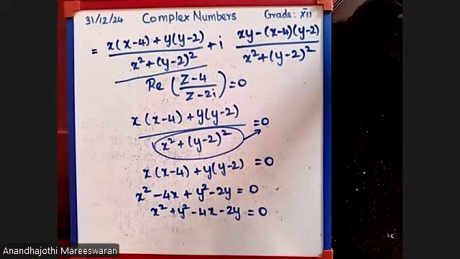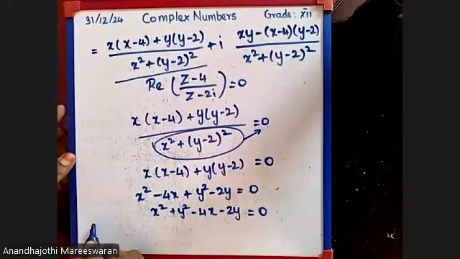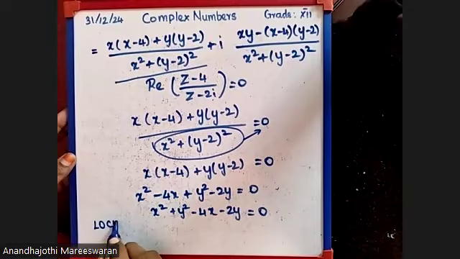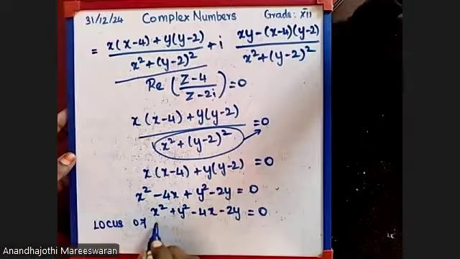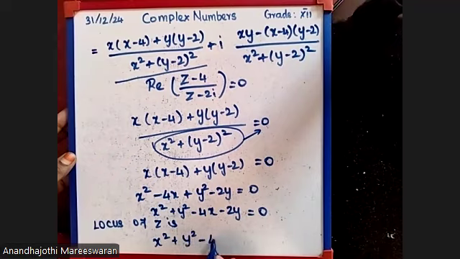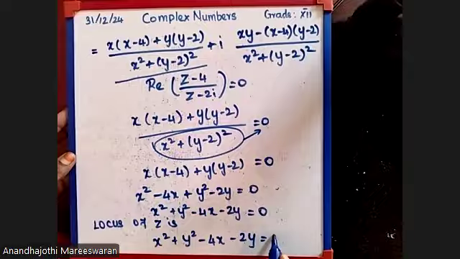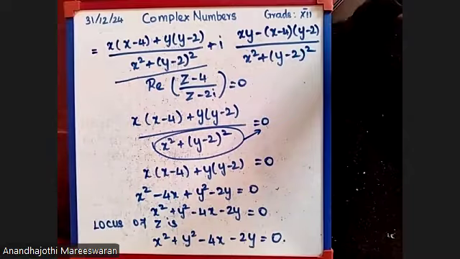So now we find the locus, right? Then we can write it down. Locus of z is x squared plus y squared minus 4x minus 2y equals 0. That's it, guys. So we solved the first sum, right?